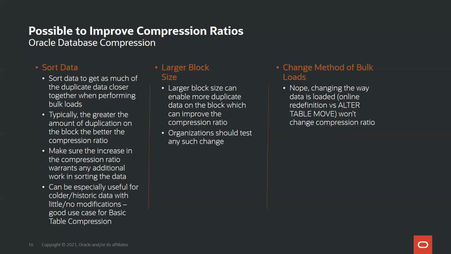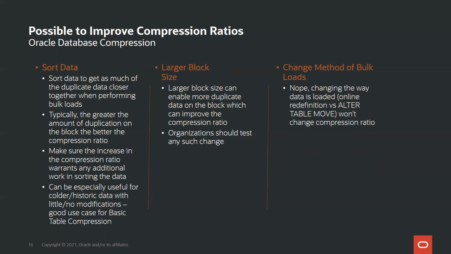So the more you can do to get similar duplicate data closer together on the block, typically the better your compression ratio. One way customers do this is they sort the data prior to loading it, with the hope that they'll get a much greater number of duplicate values together on the same block. I've seen some customers do this and actually get a decent return out of this effort.